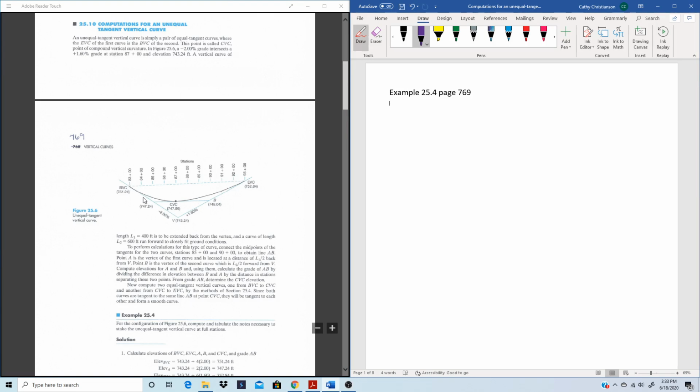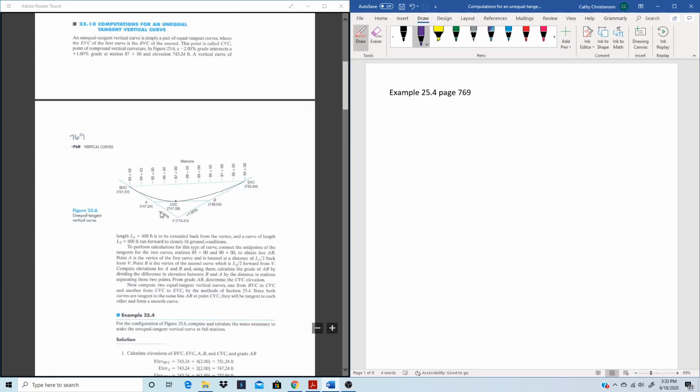So basically, this will be G1. And then we're going to figure the grade on the line A to B. That'll be our G2 for the first curve. And then when we do the 600-foot curve, the A to B will be the G1 for that curve, and the B to the N will be this plus 1.6%.